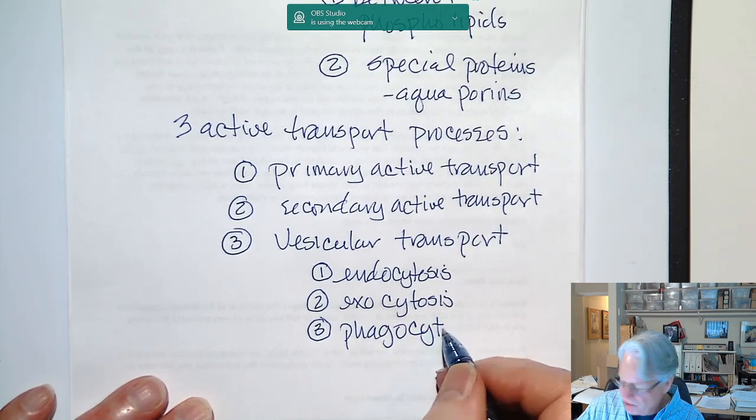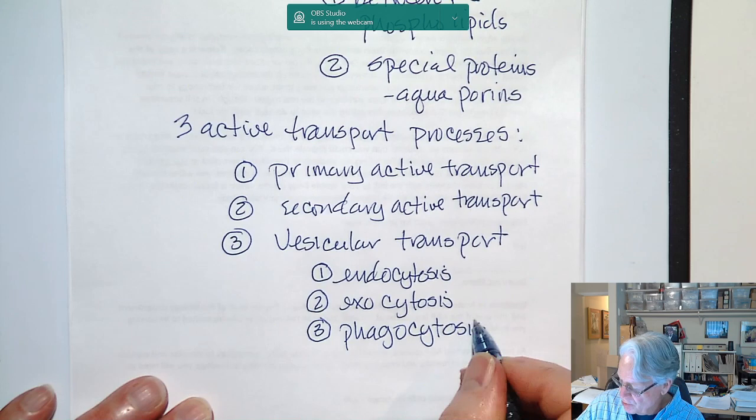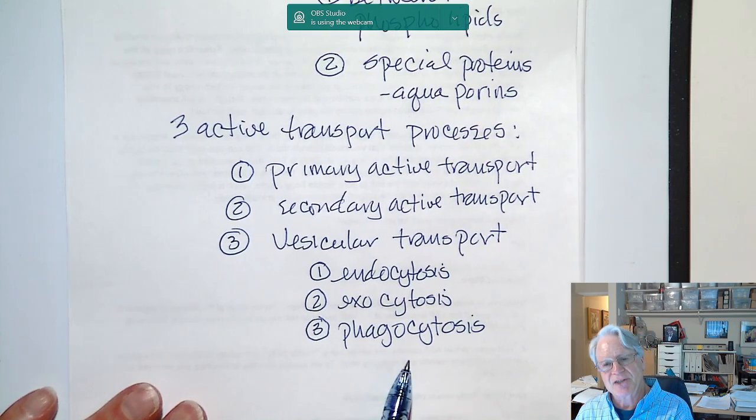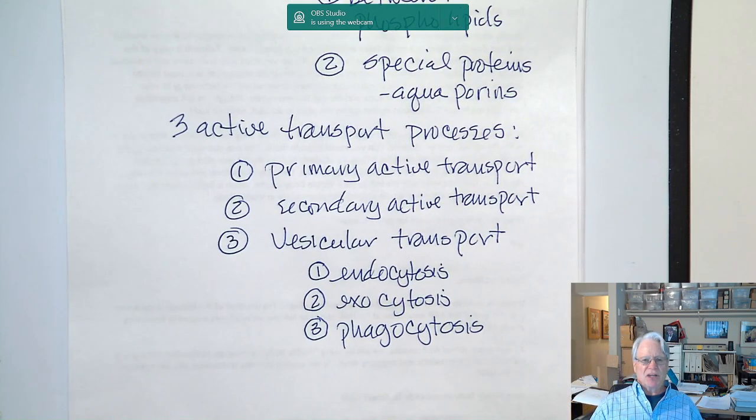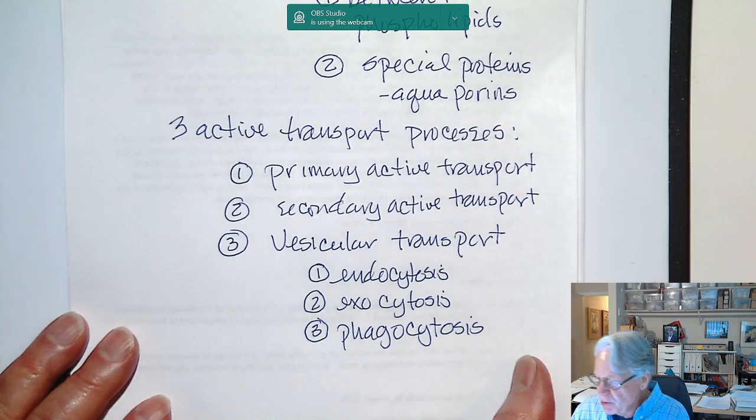And phago means to eat or to consume, and that's a special form of vesicular transport which you'll become much more familiar with when you do the immune system, and I will talk briefly about that towards the end of this lecture.